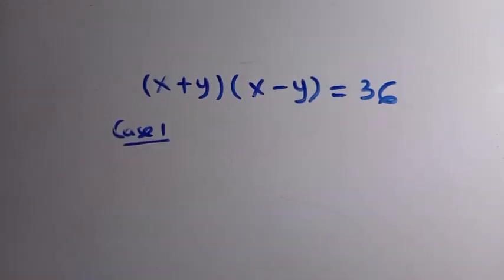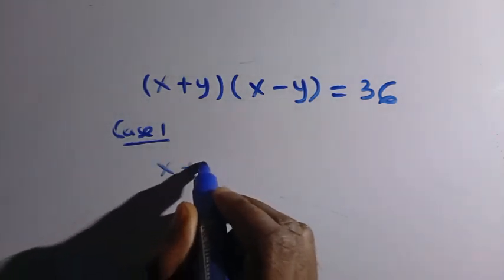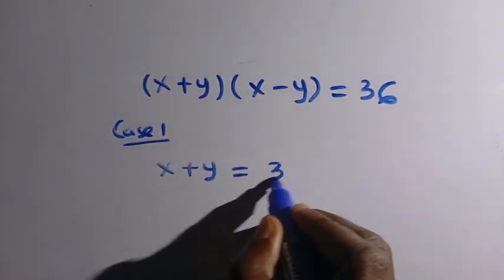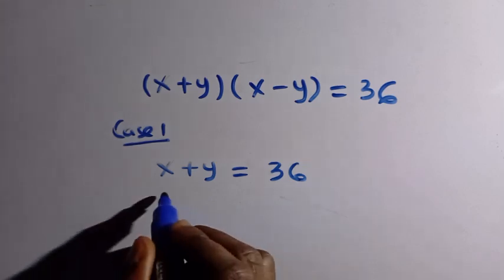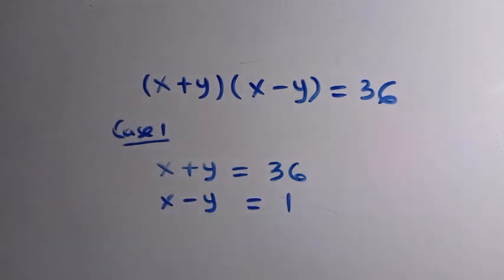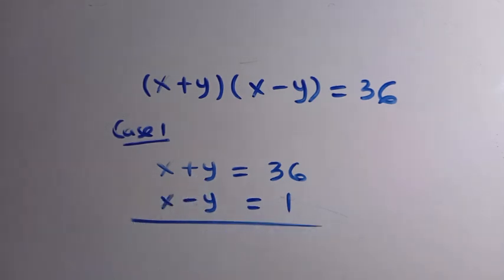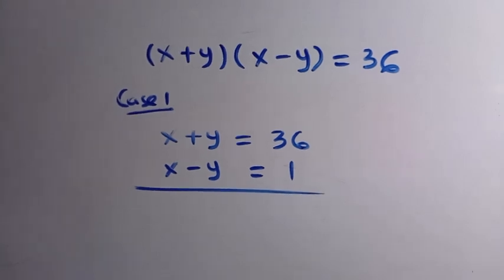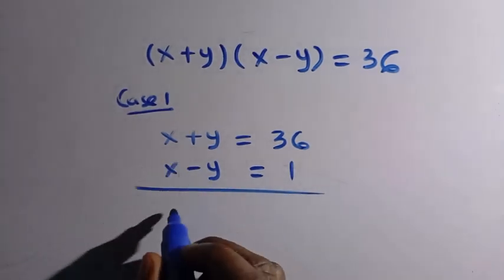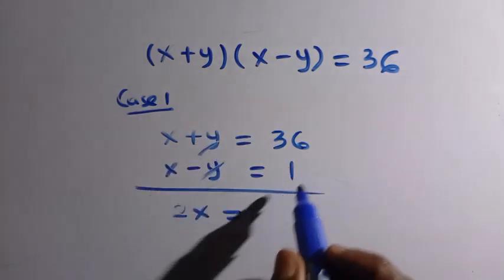For the first case, we have x plus y equals 36, and x minus y equals 1. To solve this, we add these two equations together. When we add, x plus x is 2x, and the y terms cancel.